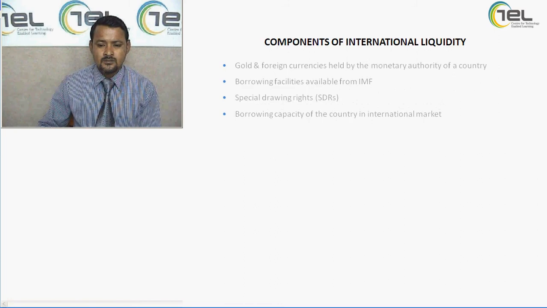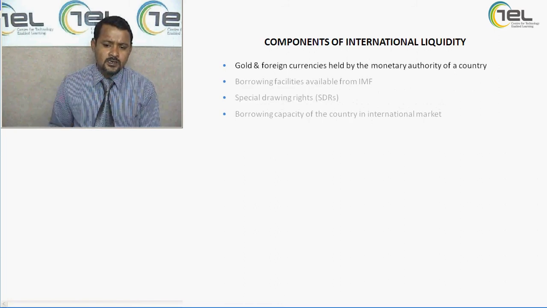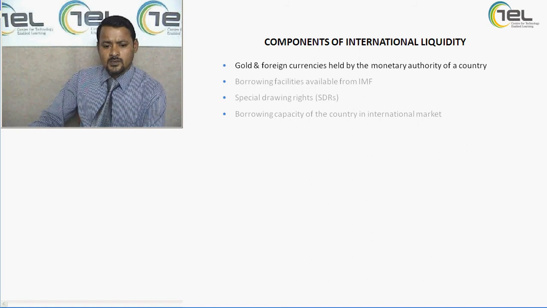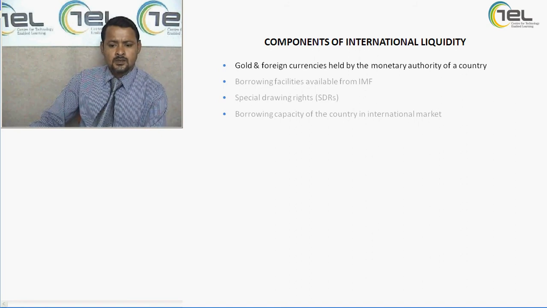The components of international liquidity are gold and foreign currencies held by the monetary authority. It is the primary form of international liquidity. At the same time, the borrowing facilities available from the IMF and World Bank are also one form of international liquidity.